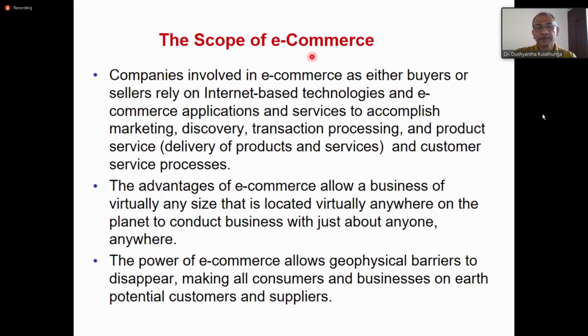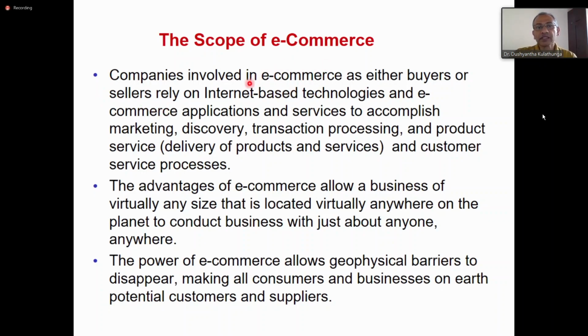So when it comes to electronic commerce transactions or processes, it can be related to buyers as well as sellers. And when it comes to an organization, an organization may be a buyer in certain instances, and also an organization can be a seller in some other instances.